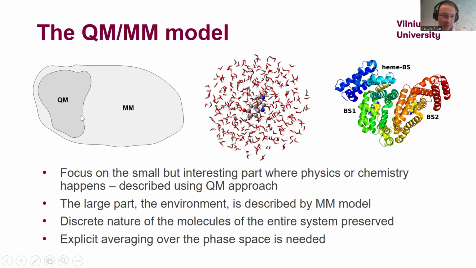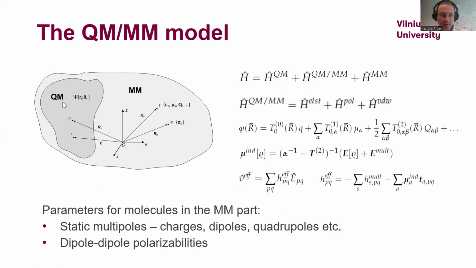So if I may now, I would like to tell a little bit more about the details of the QM/MM model. Again here, if we have this partitioning of the molecular system into what we refer to as the QM part and the MM part, then this also implies that the Hamiltonian of the system is likewise partitioned in the following manner.